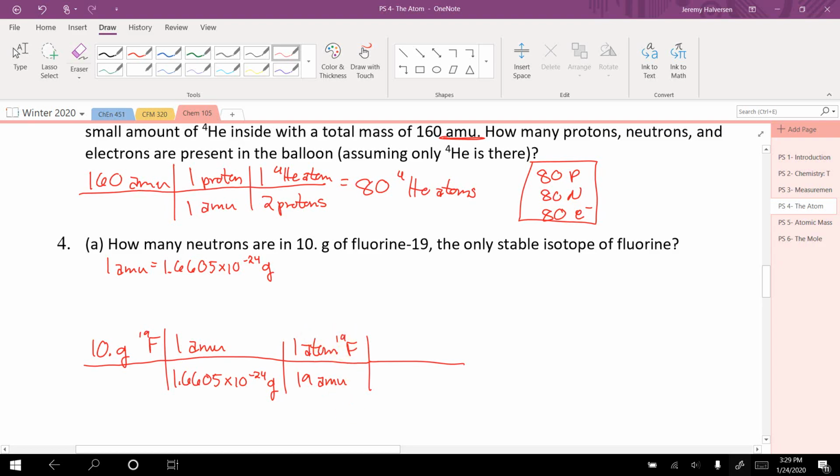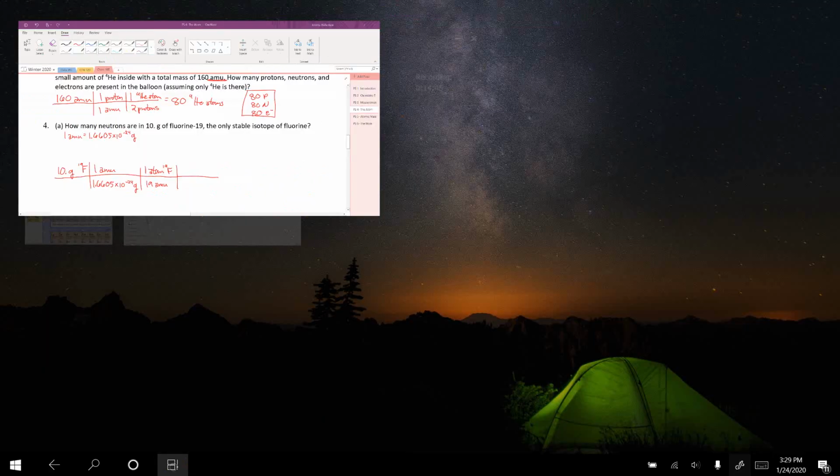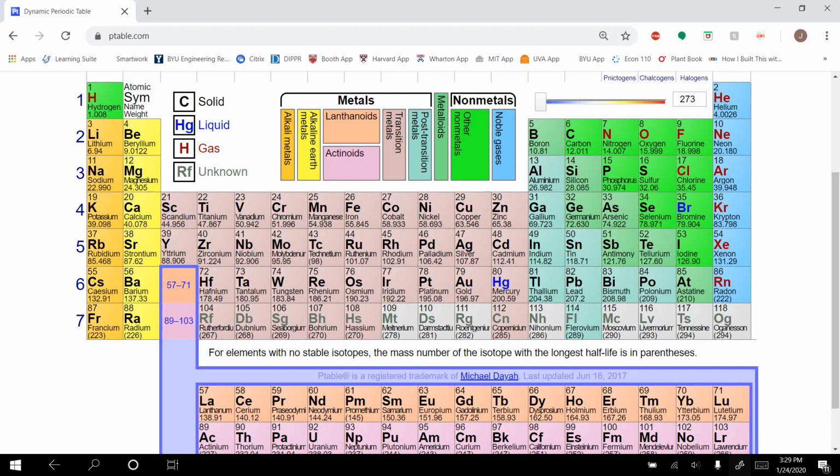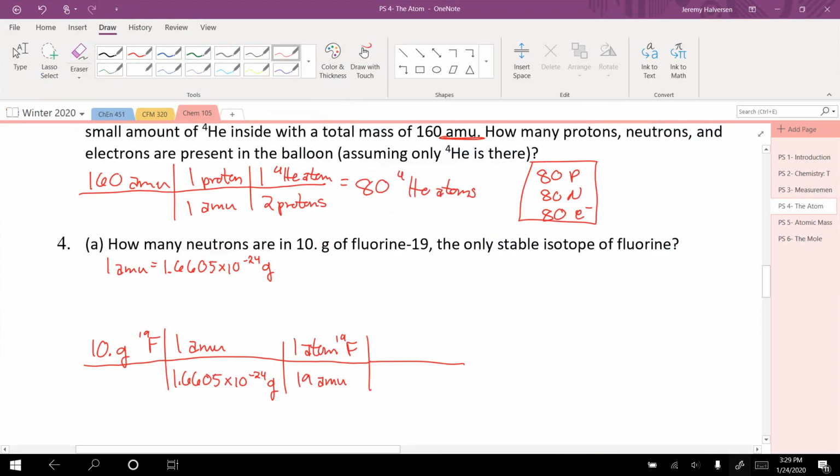So now I know how many atoms of fluorine-19 I have, and then because fluorine has 9 protons, we know that 1 atom of fluorine-19 has 10 neutrons. Plug that in.